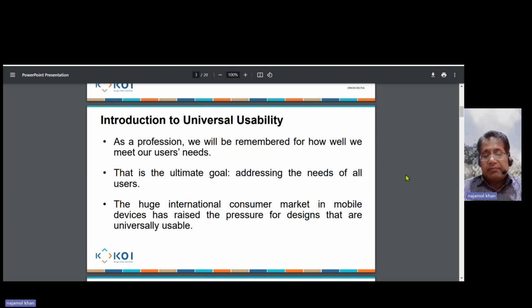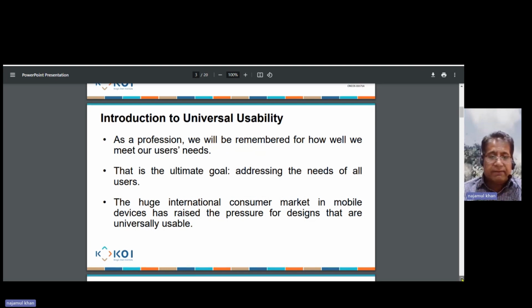Most of these phones which are being developed will have some kind of local touch, local feel, to ensure that the local expectations are met. Let's keep continuing here.